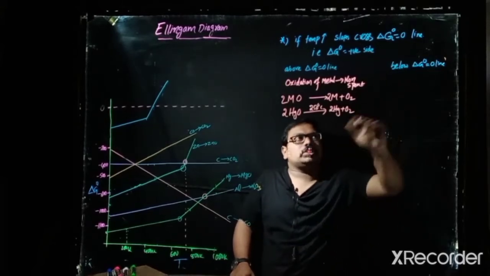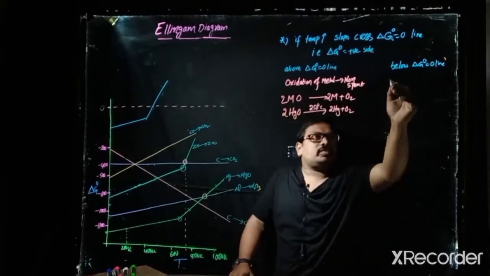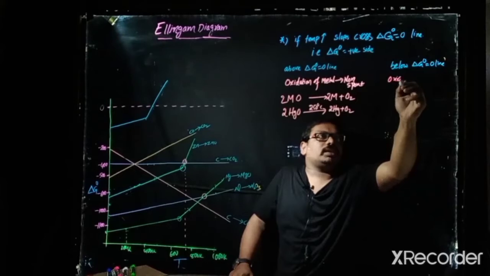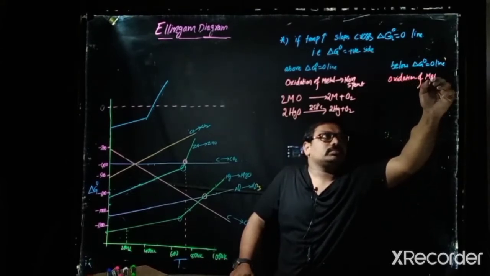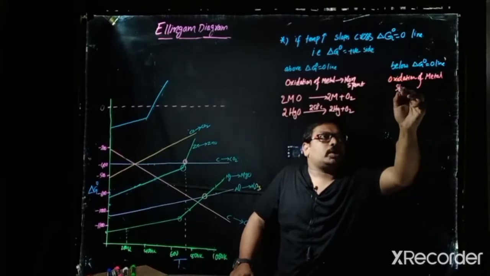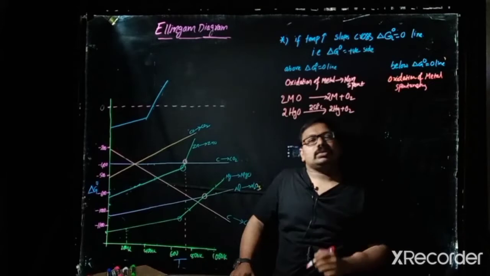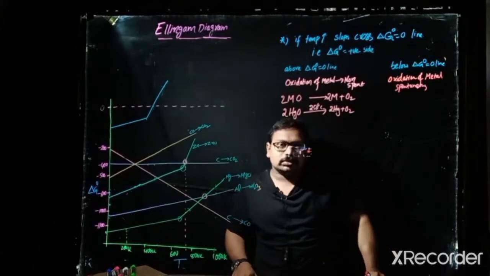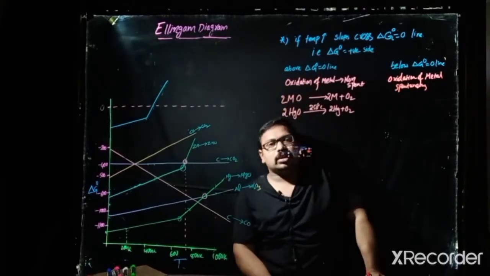Now coming to this part, the oxidation of metal in this case is spontaneous. Why? Because delta G naught below 0 means delta G naught is negative. Here, delta G naught above 0 means delta G naught is positive.